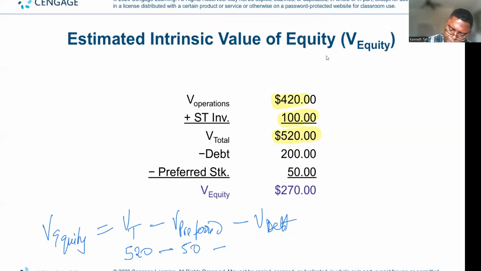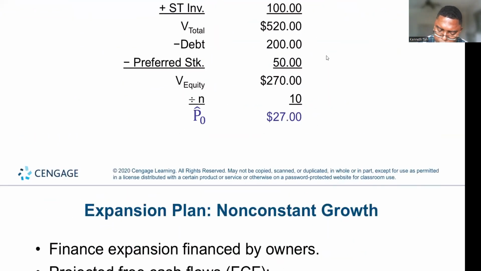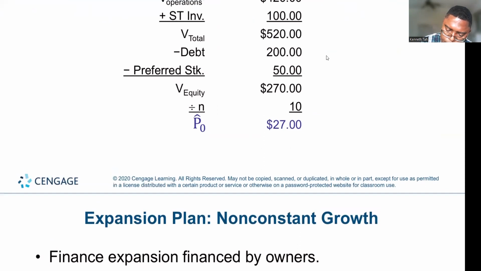Sorry, the value of preferred stock, which is 50, minus the value of debt, which is 200. So that will give us the value of equity as 270. So 270 is the value of equity, and we have 10 million shares outstanding.